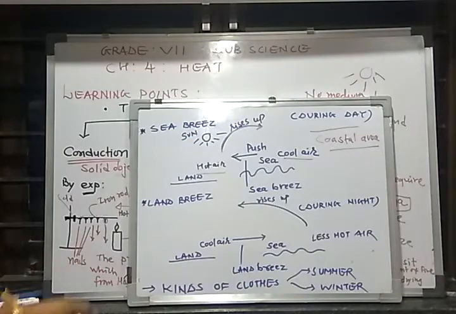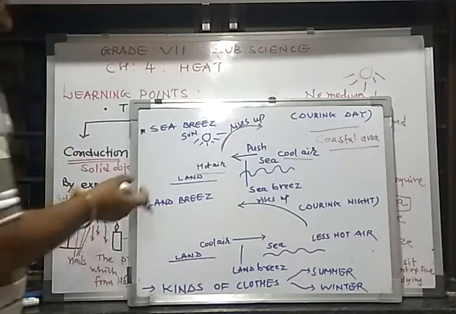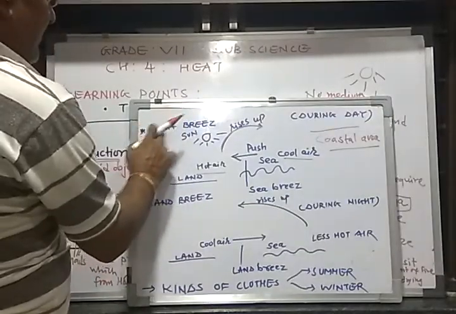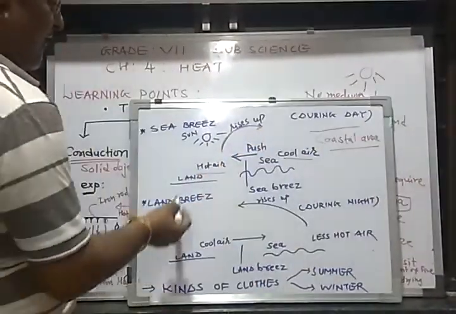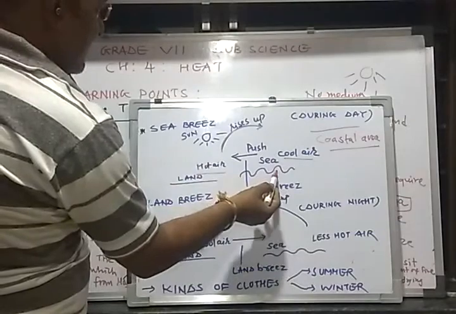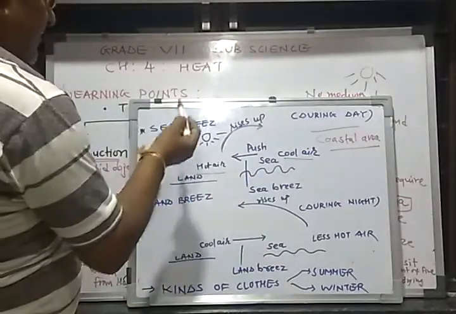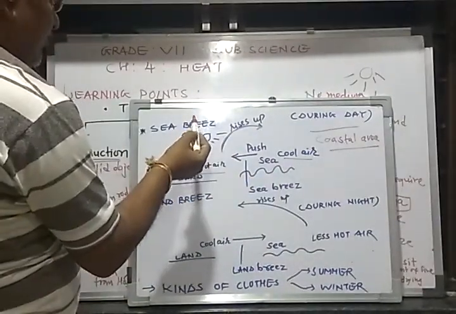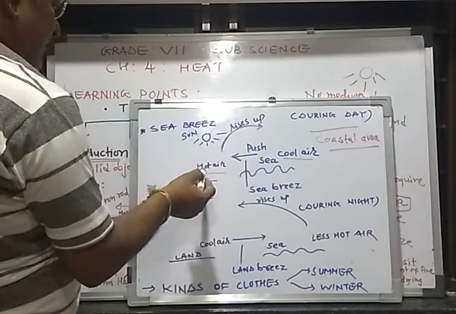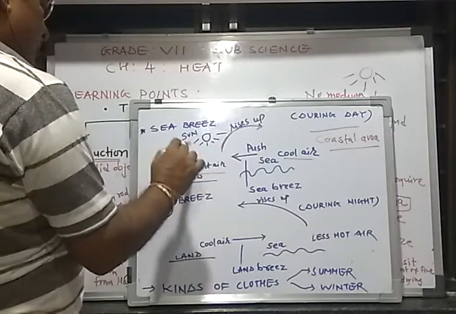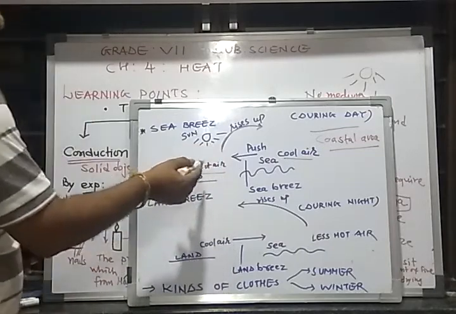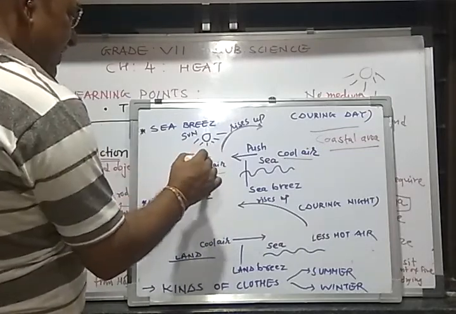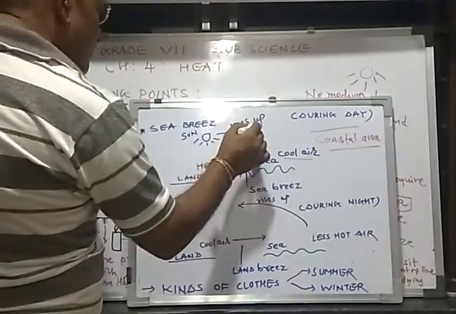Very simple. Again I will explain this. In sea breeze, in a coastal area, wherever land and sea are there, the sun is there. Due to the heating of the sun, the land gets heated. So here air becomes hot, and it rises up.